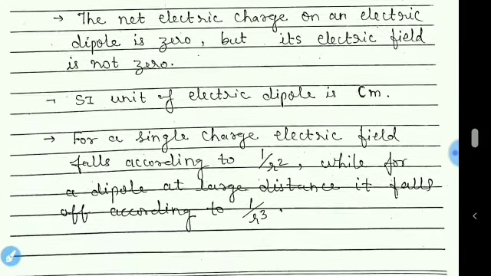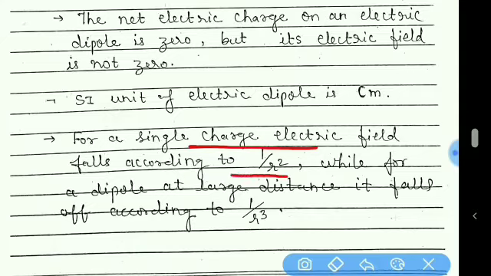The next point says that for a single charge, the electric field falls according to 1 upon r square.